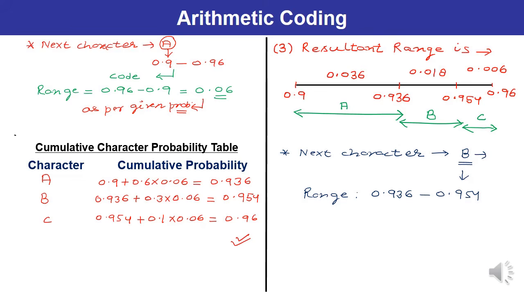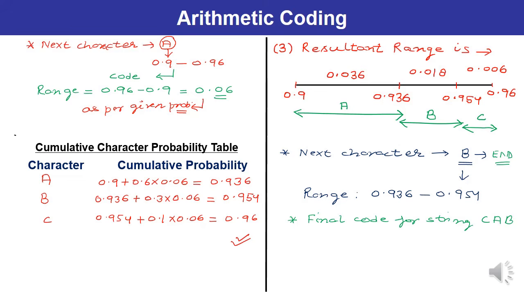See, in the given question only 3 characters have been given. So the string ends at this particular point itself. It means the final code for the string CAB would be in between what range?